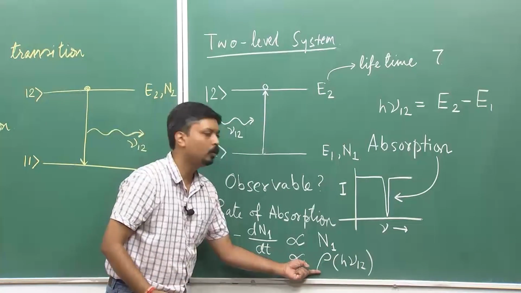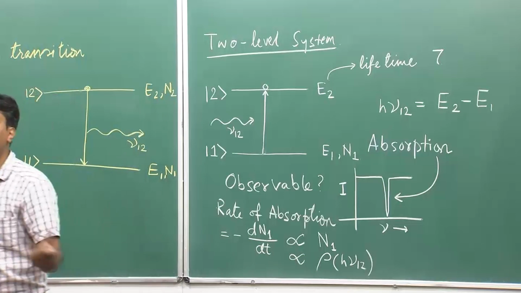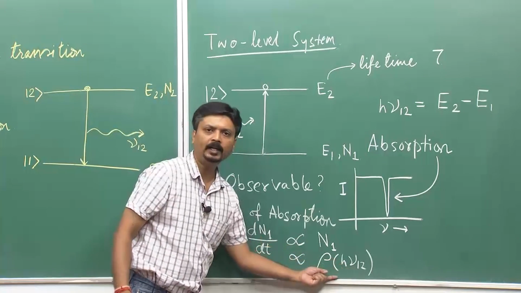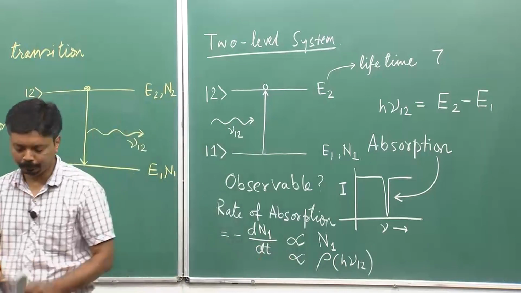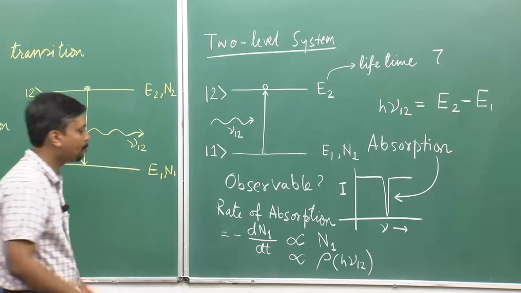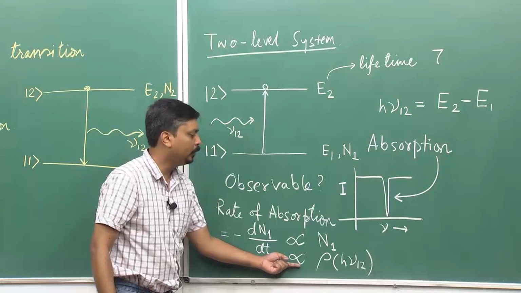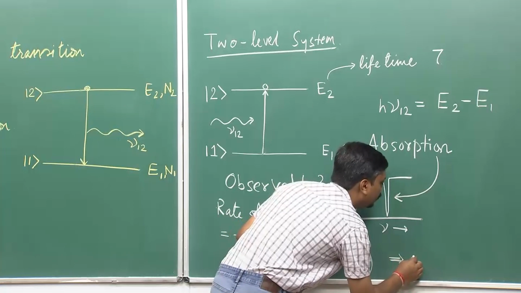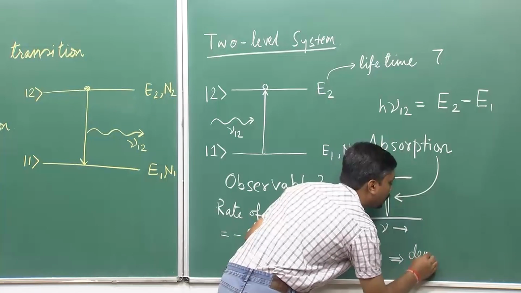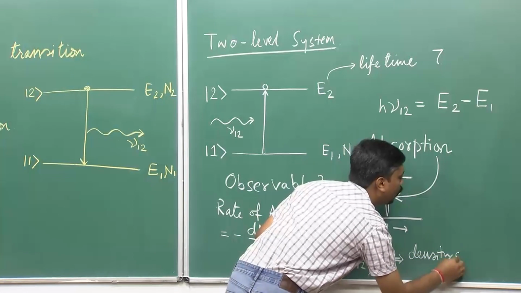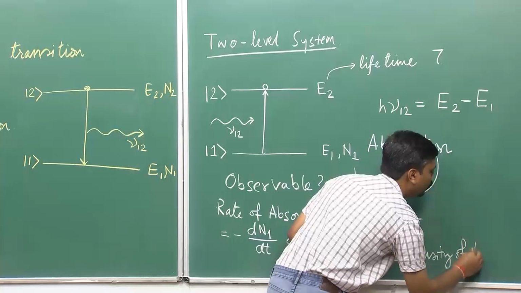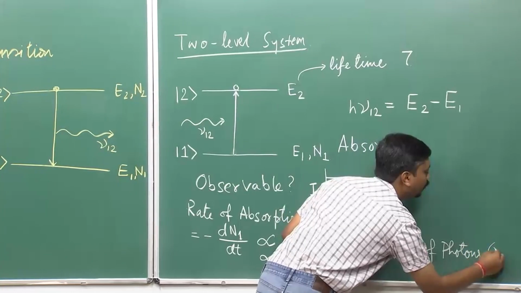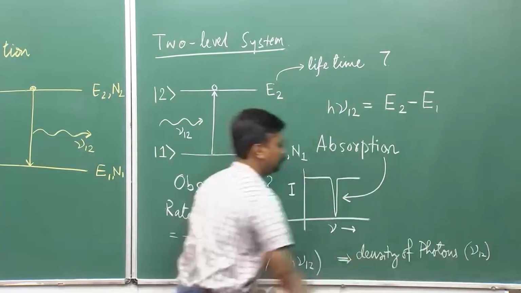So, rho is the density of photons having frequency nu 1 2, all right.